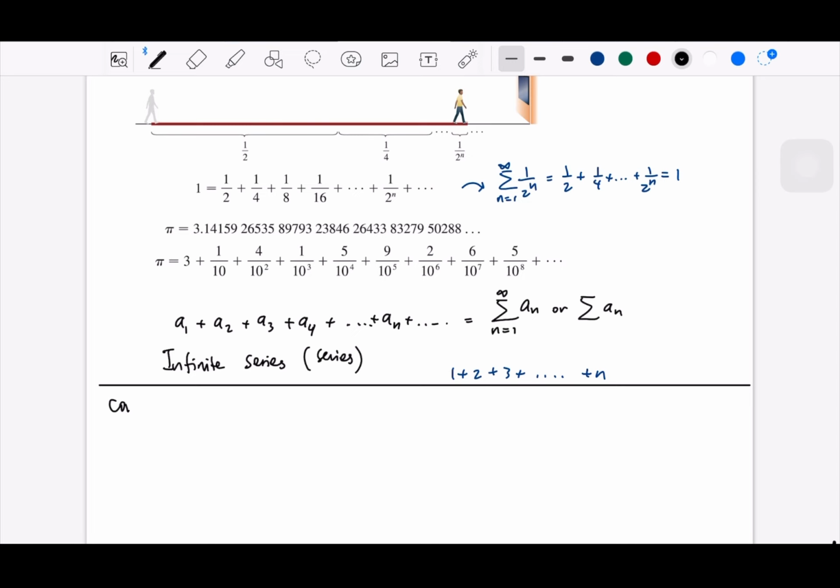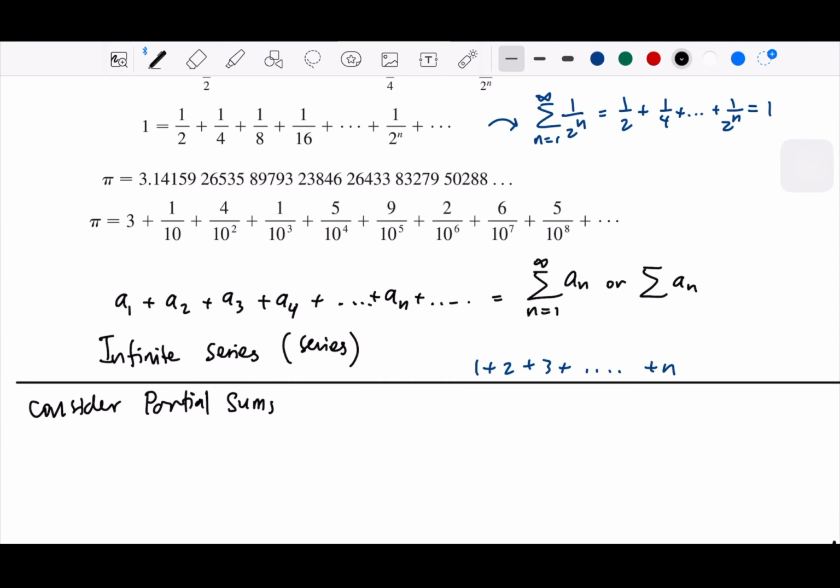Let's say you have A1 until An. What the partial sums do is split this sequence.